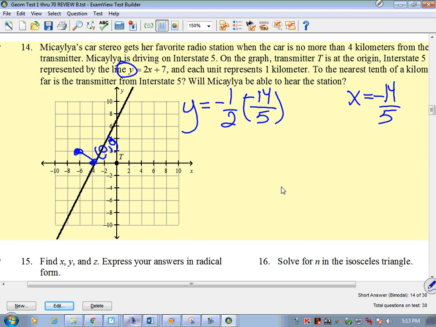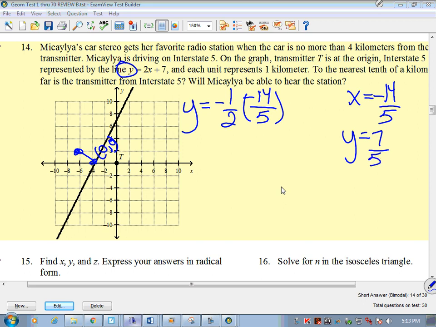So y equals, let's see, 7/5? Where did I get it over there? I'll do it again. Negative 0.5 times negative 14 divided by 5. 1.4 comes out to 7/5, which makes sense because we're above the x-axis.